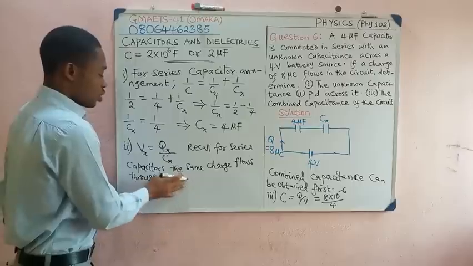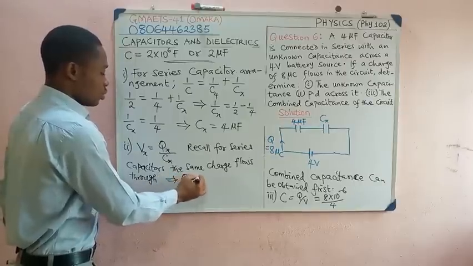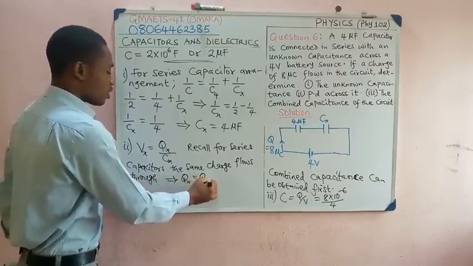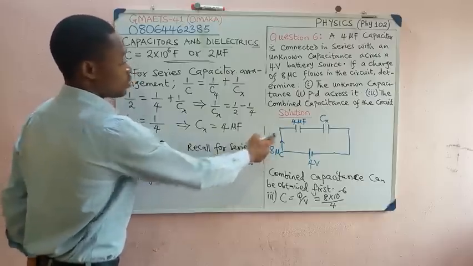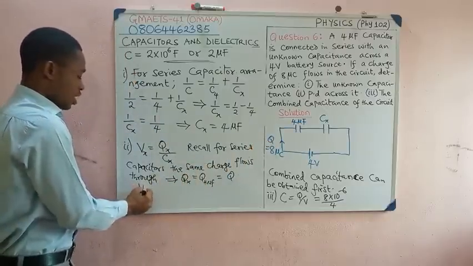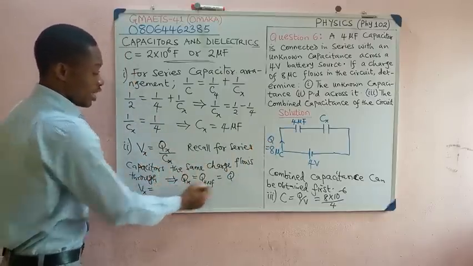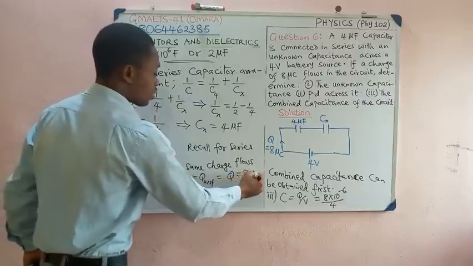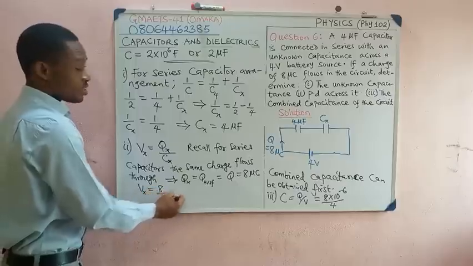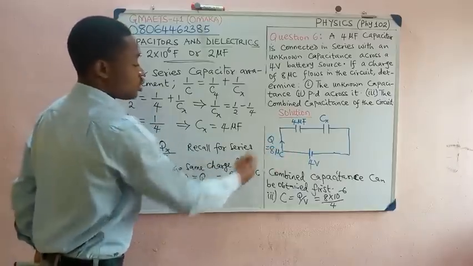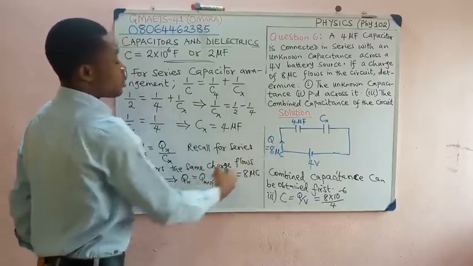If that is the case, it implies that our Qx will be equal to Q of the 4 microfarad capacitor, and that will be equal to the total charge given in the question. Hence, our Vx is equal to the total charge, which is 8 microcoulomb. I'm not going to convert this microcoulomb to coulomb by multiplying by 10 raised to the minus 6.